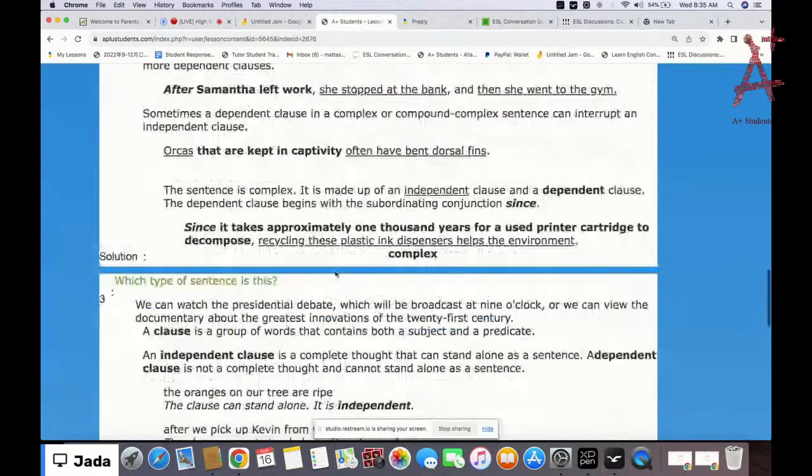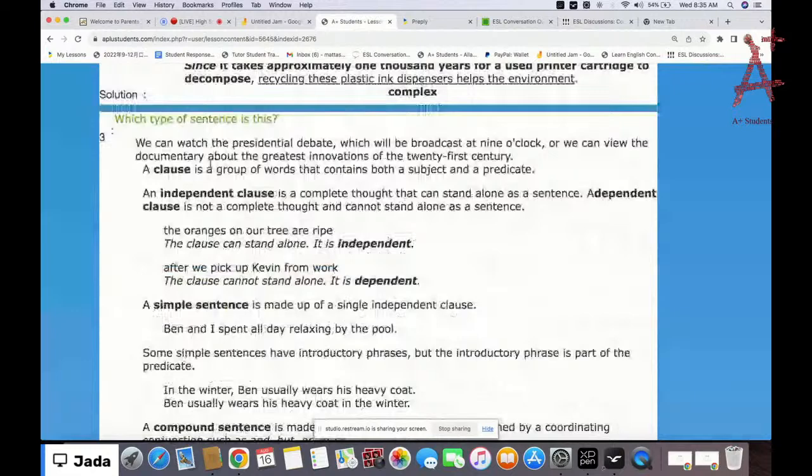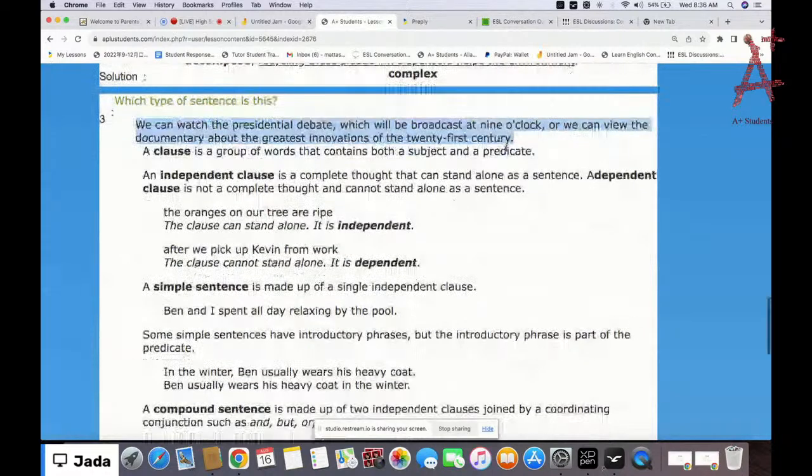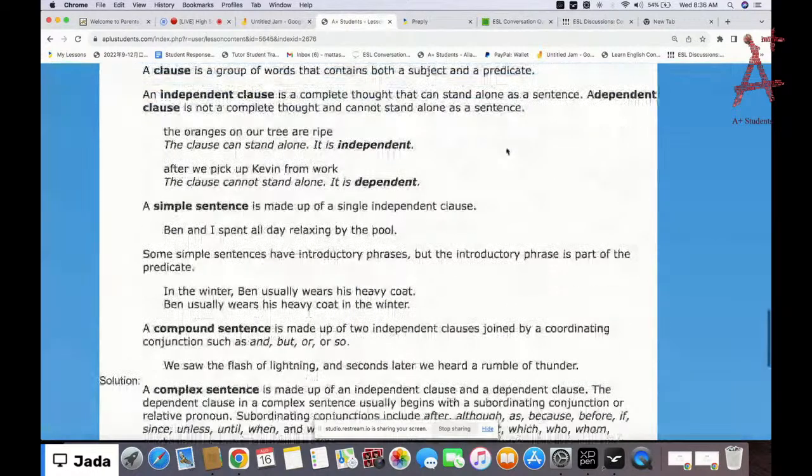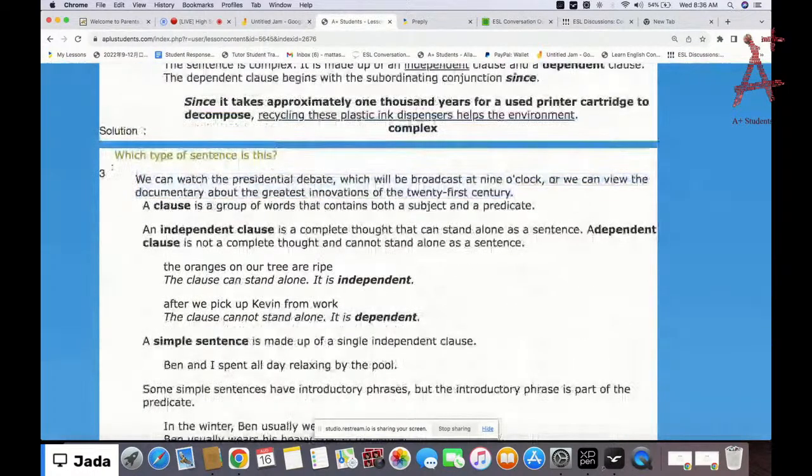Which type of sentence is this? We can watch the presidential debate, which will be broadcast at 9 o'clock, or we can view the documentary about the greatest innovations of the 21st century. What type of sentence is this? Take note, this sentence has the "or" here, and anyone that has the "or" is usually a compound sentence: independent clause, independent clause, joined by a conjunction and a comma.